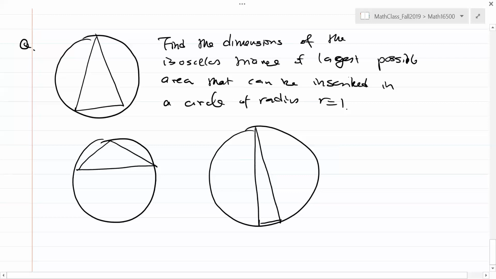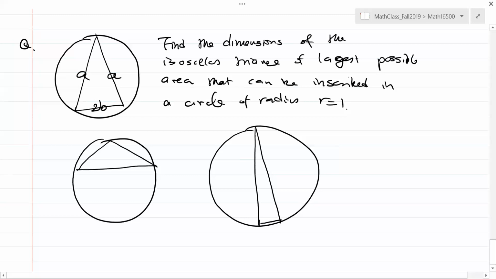Yeah, let me label it. This is A, this is A, and the base part, let's call 2B, to make it easier, okay? So you have to express the area in terms of A and B. And A, B are also not arbitrary.